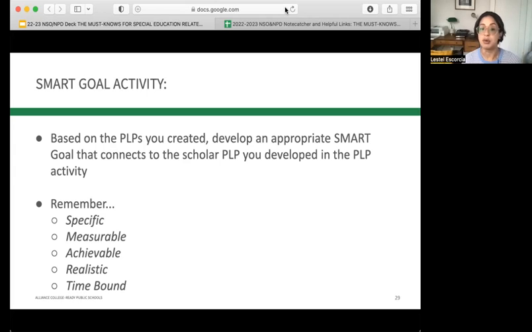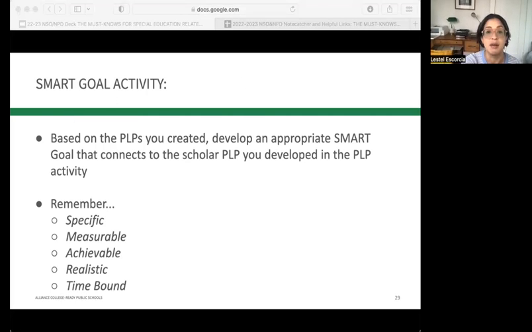Remember, we want it to be specific, measurable, achievable, realistic, and time bound. So go ahead and take about 6 to 8 minutes, or however long you need. You can pause the recording and just draft your annual goal and also the incremental goals.